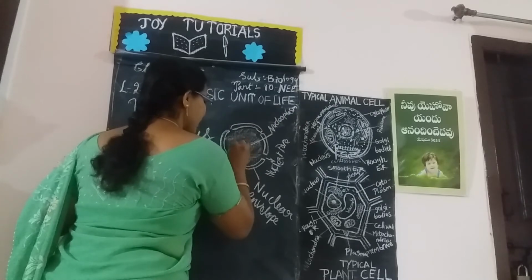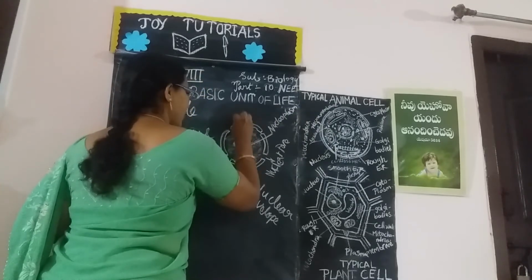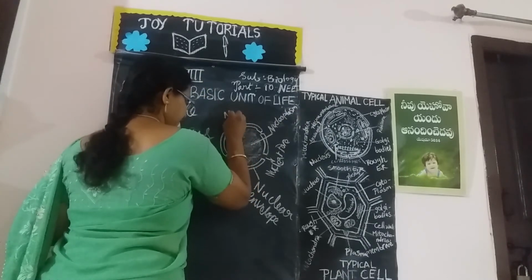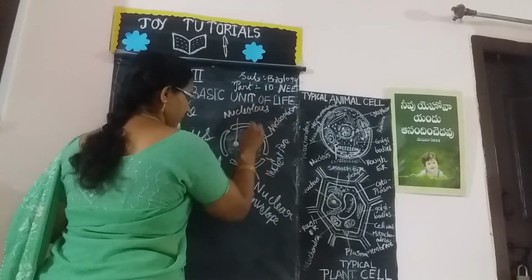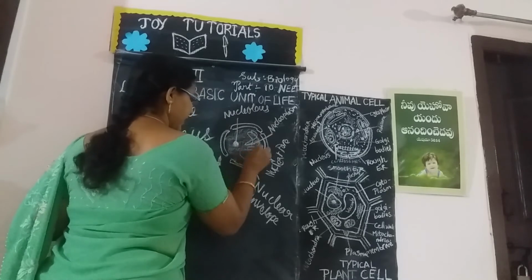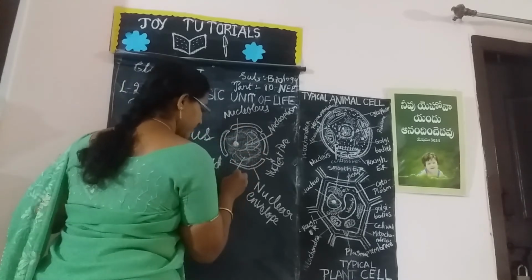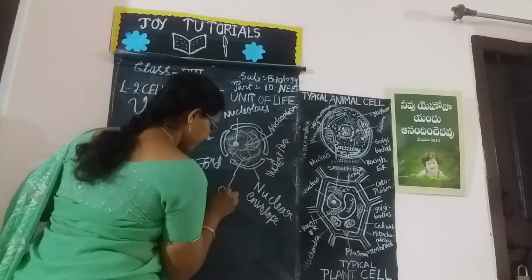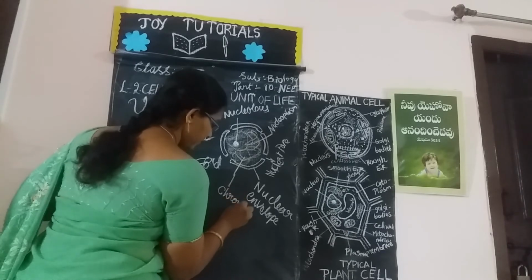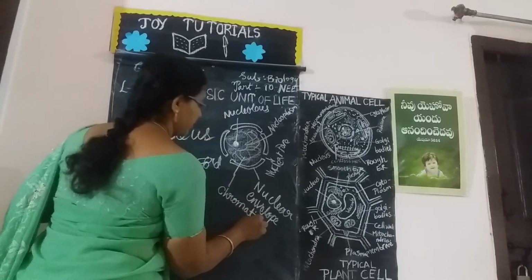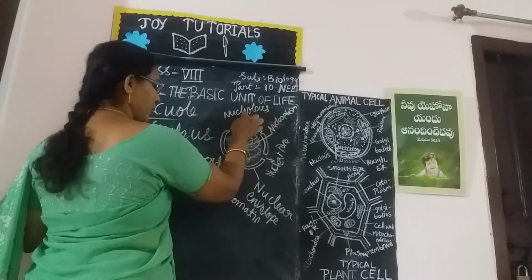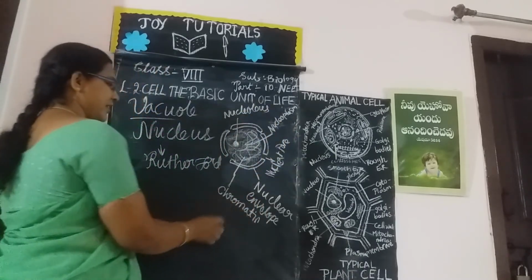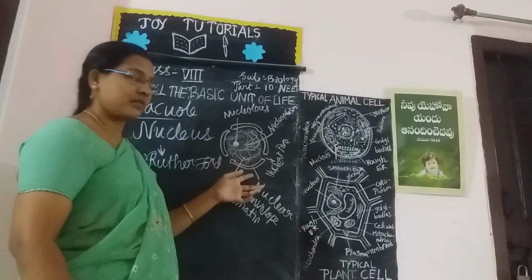This is the nucleolus, a darkly stained body, a dark spot. This is the genetic material, chromatin. So the nuclear envelope, nuclear pore, nucleoplasm, nucleolus and chromatin are the parts of the nucleus.